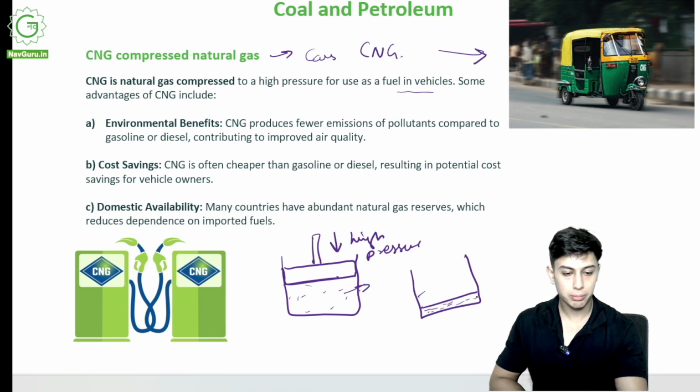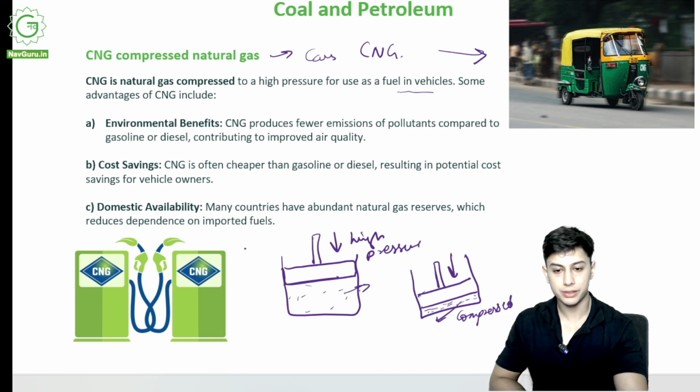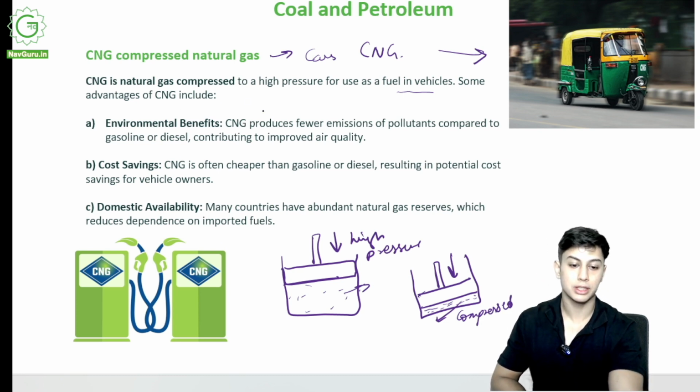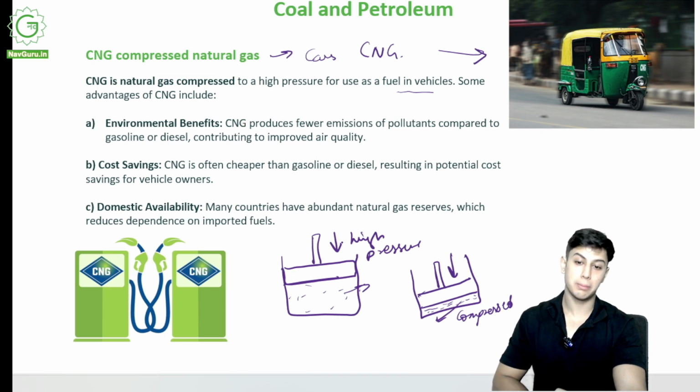There will be a lot of compressed molecules. This machine has come down. This will be in compressed form. This is compressed natural gas. When I use natural gas and I compress it a lot, it becomes compressed natural gas. It is CH4, but it is compressed.